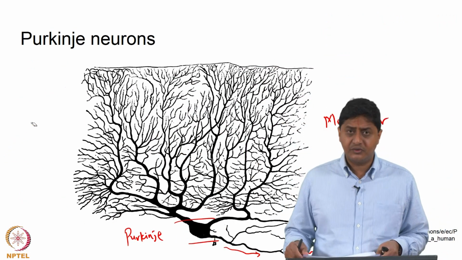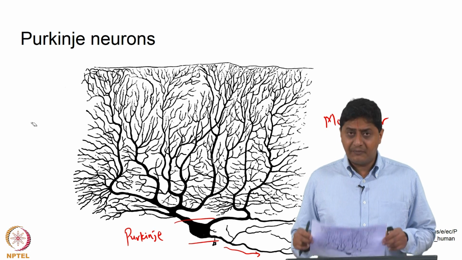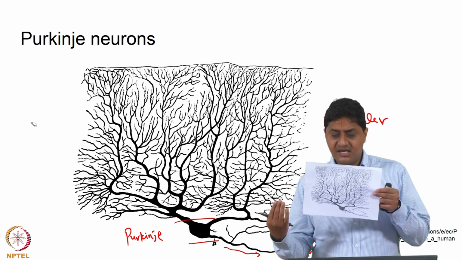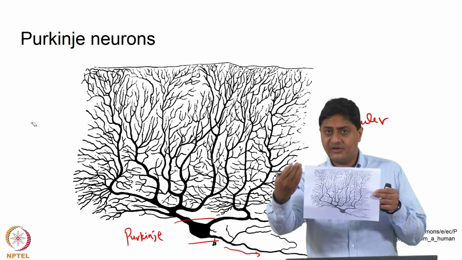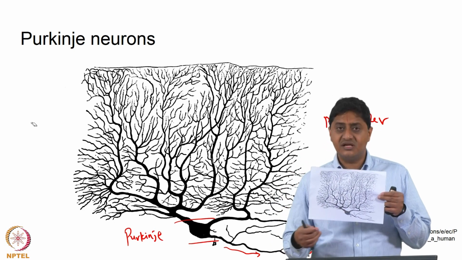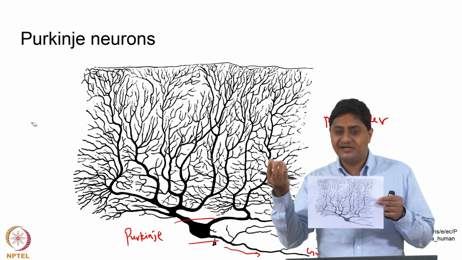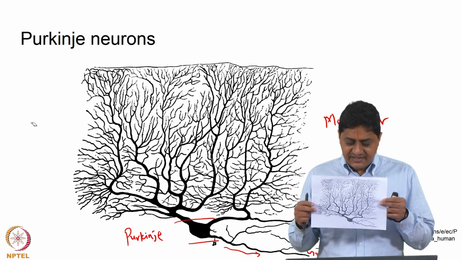An important point to note is that when you are viewing the Purkinje cell as a tree, you would think that this is a 3D structure just like a real banyan tree, for example. This is not true.